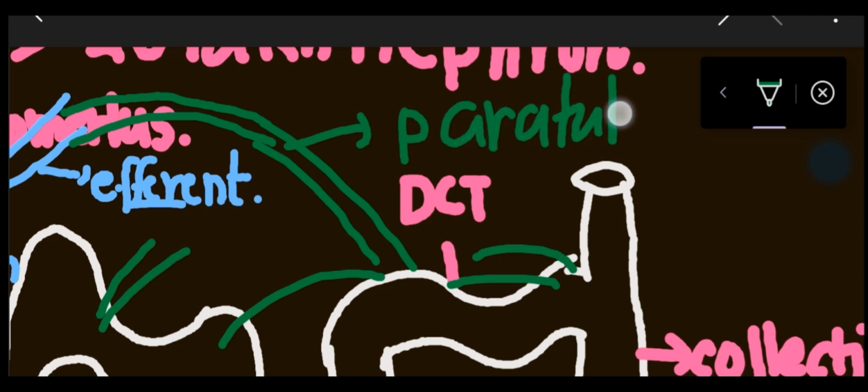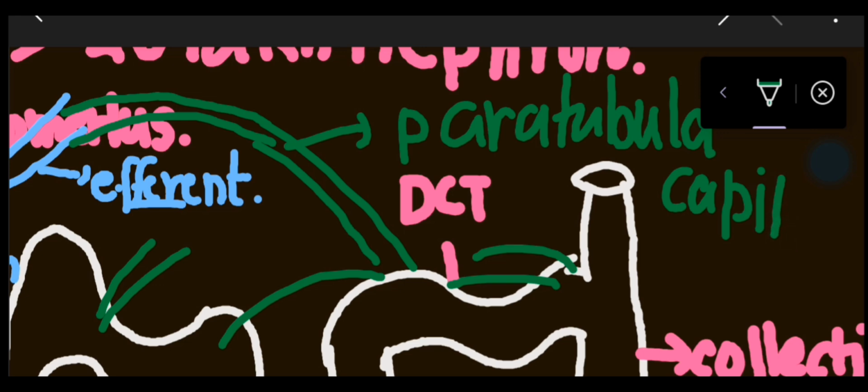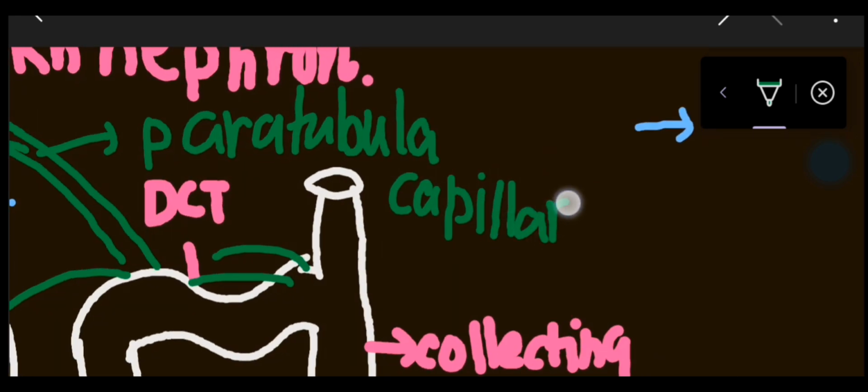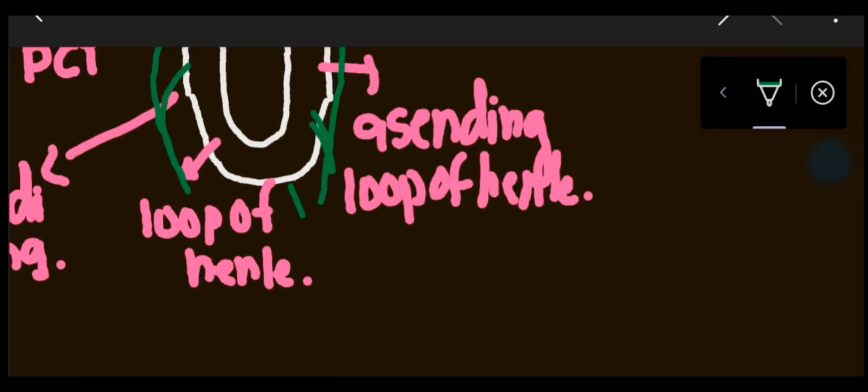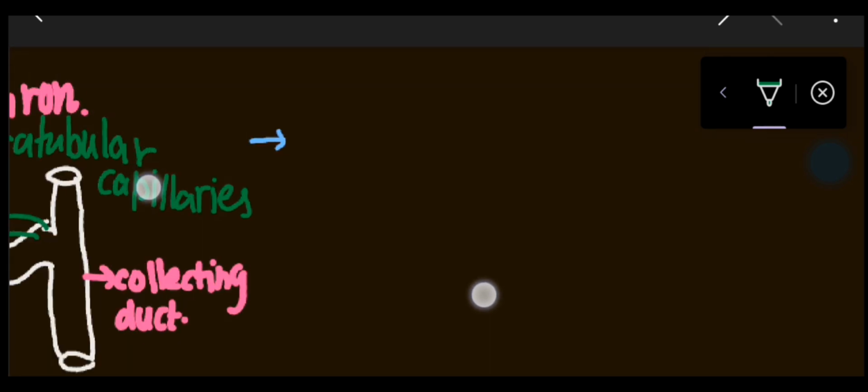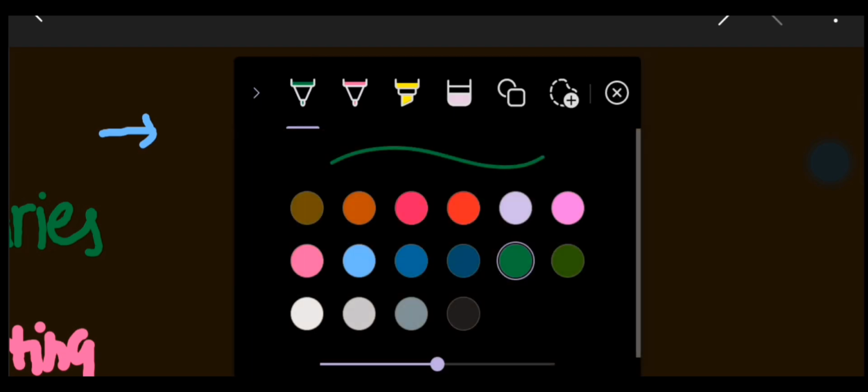Now when these peritubular capillaries go to the loop of Henle, they are known as vasa recta.